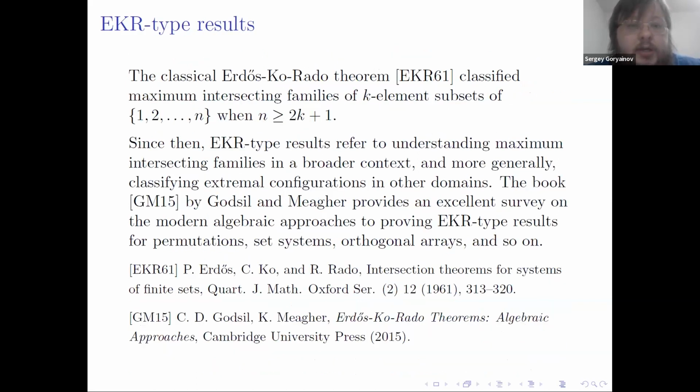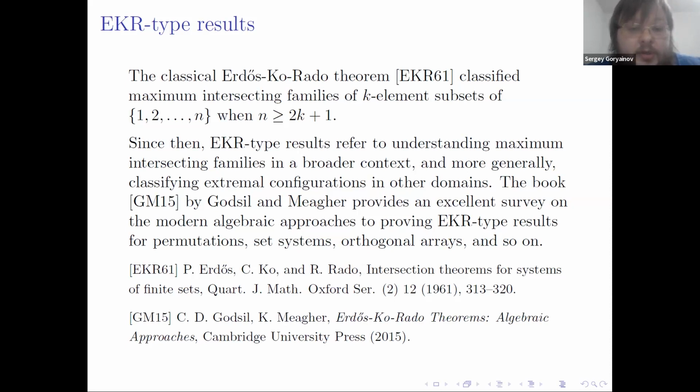The classical Erdős-Ko-Rado theorem classified maximum intersecting families of k-element subsets of the set {1, 2, ..., n} when n is greater than or equal to 2k plus 1. Since then, EKR type results refer to understanding maximum intersecting families in a broader context, and more generally classifying extremal configurations in other domains.